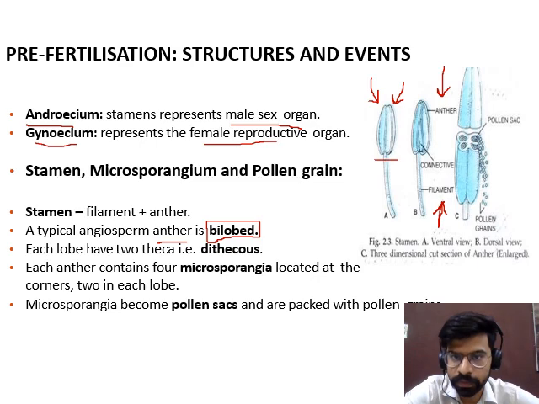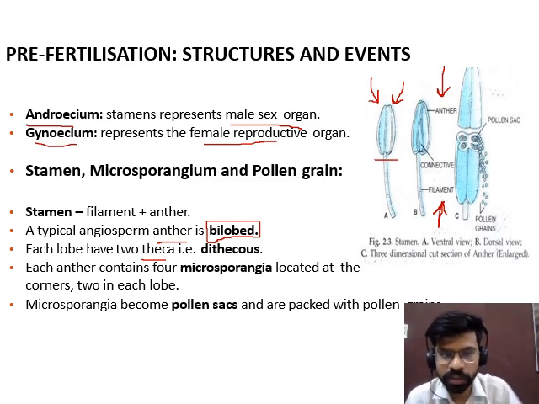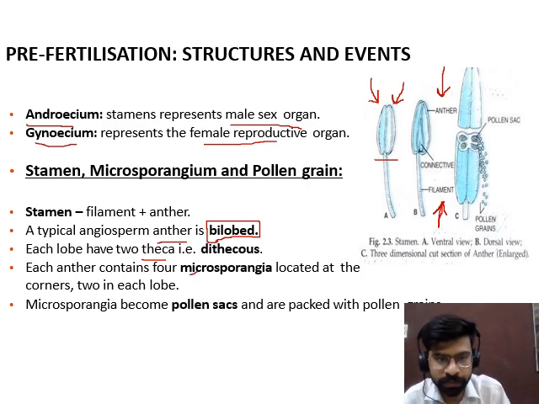Generally, anther is a bilobed structure, and each lobe has two theca. Theca is a partial covering, so the anther is known as dithecous. And when we cut the anther, each lobe gives a structure that is microsporangia.